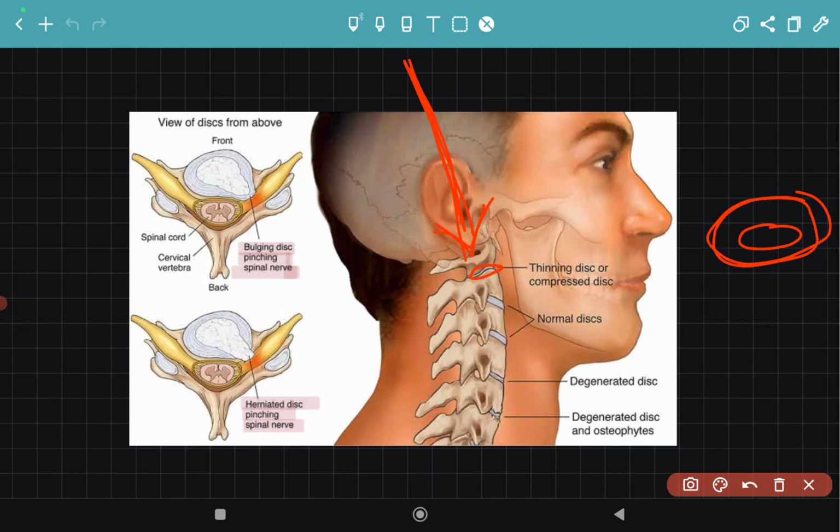There is a reason why it is like that: the central portion will take up all the compression forces and the annulus fibrosus region will resist the distraction or tensile forces. So the disc has to do all this work. It acts as a shock absorber.